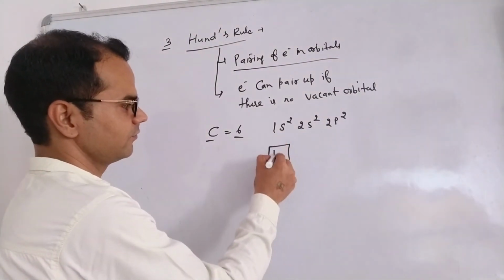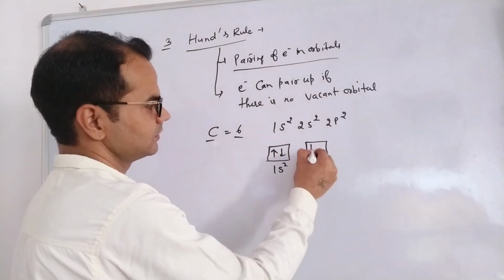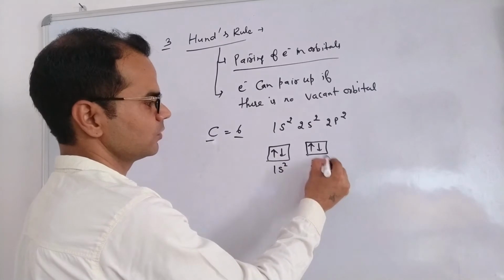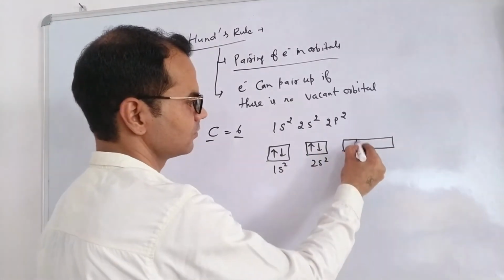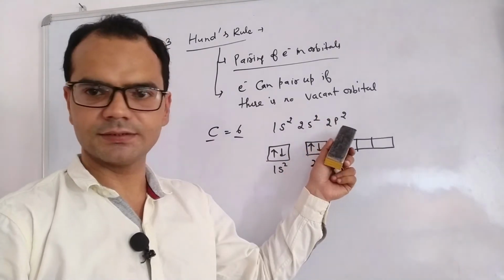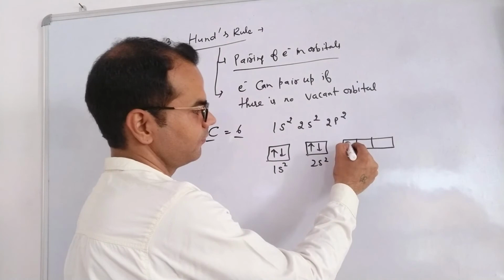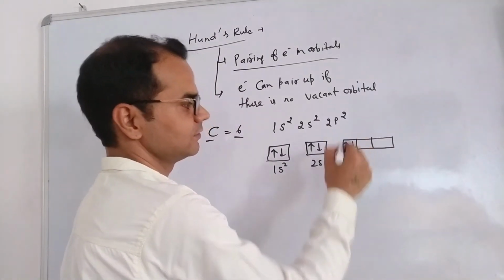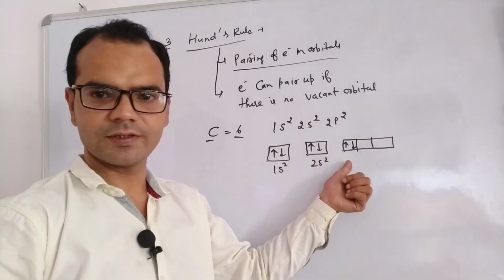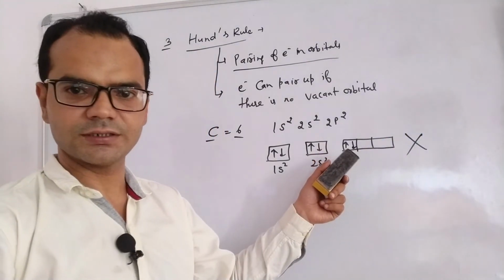S contains one orbital, this is 1s2, this is 2s2, and p contains 3 orbitals. So if I fill electrons like this, both electrons in the first orbital, this is a wrong representation, wrong notation.